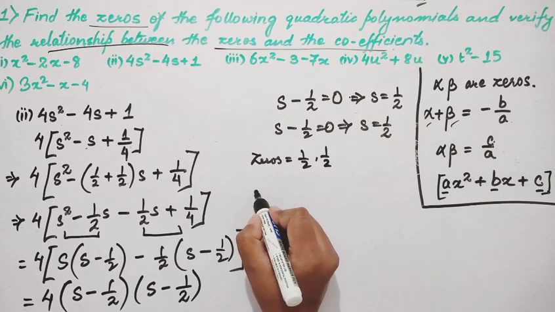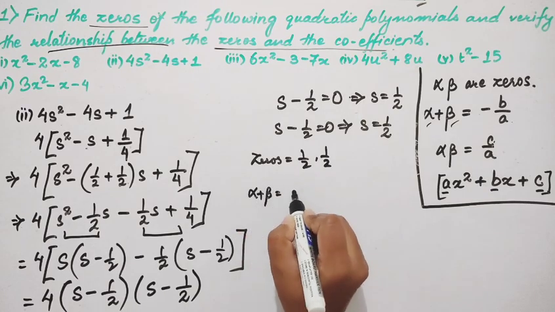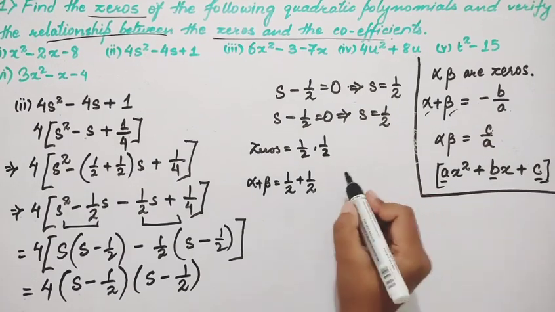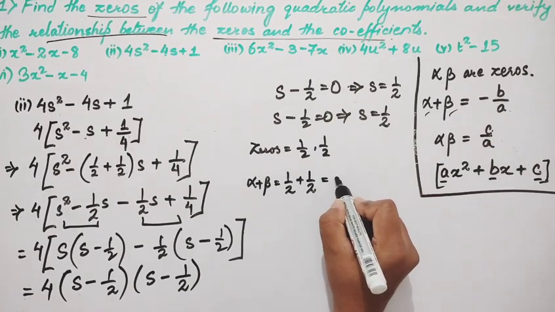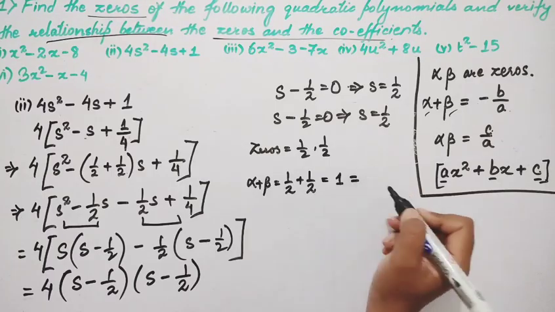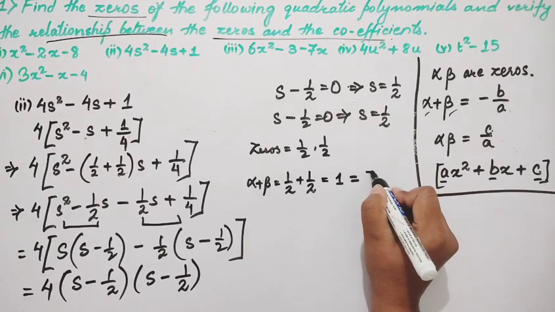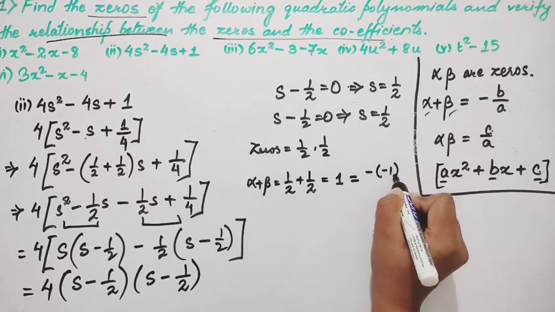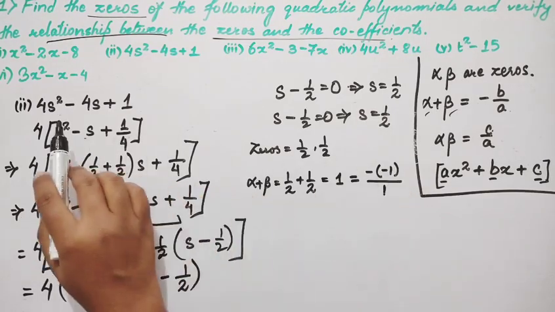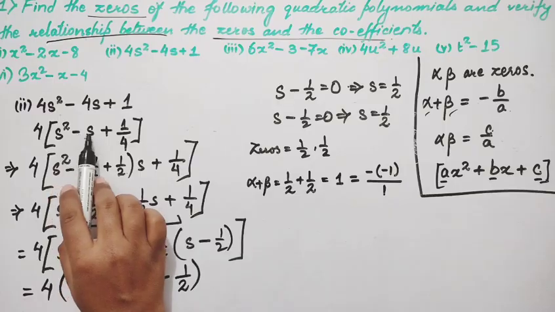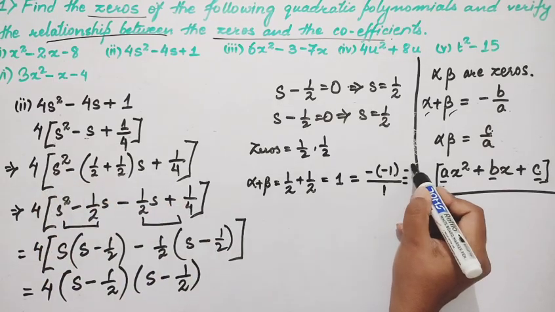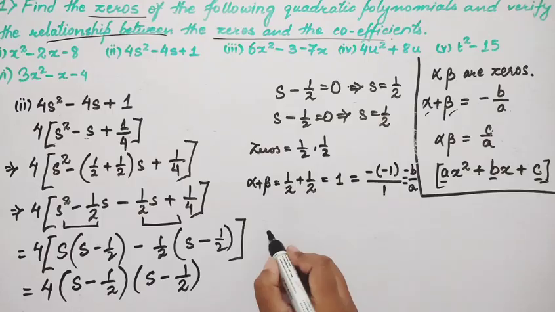Now we have to verify alpha plus beta, that is half plus half, equals 1, which we can also write in the form minus of minus 1 by 1. That is minus 1 here, it is b, and 1 is a. So this is minus b by a.